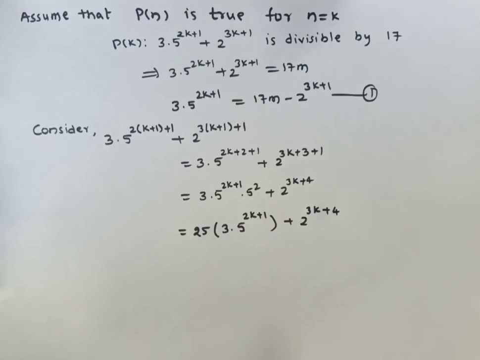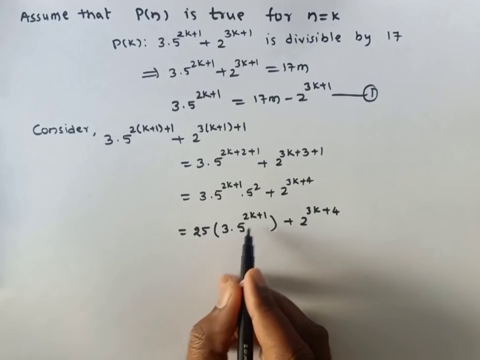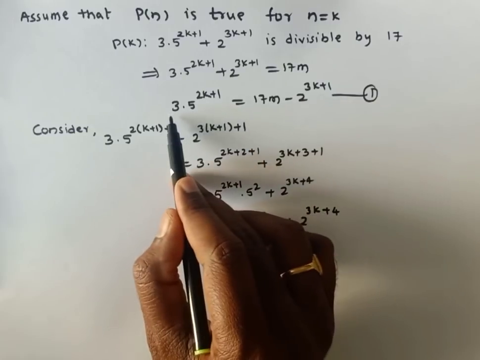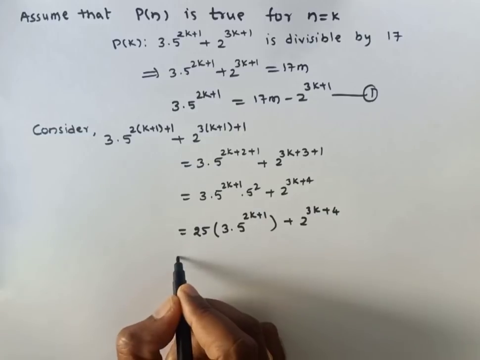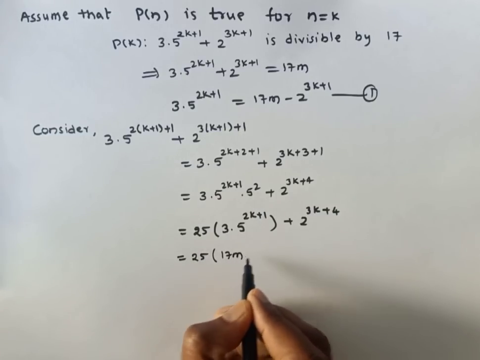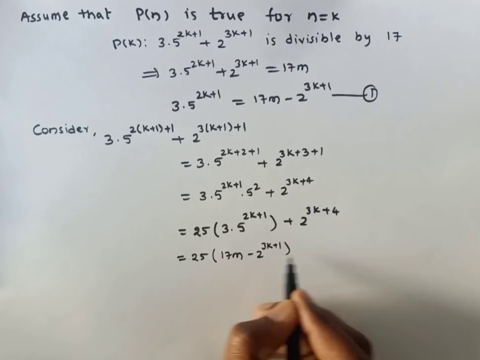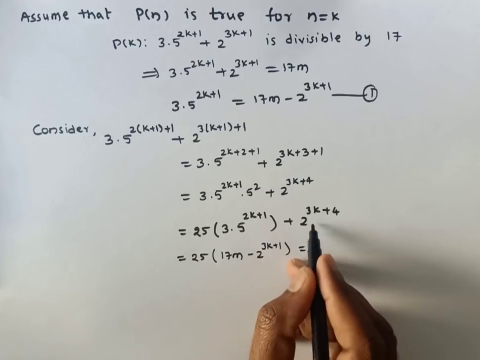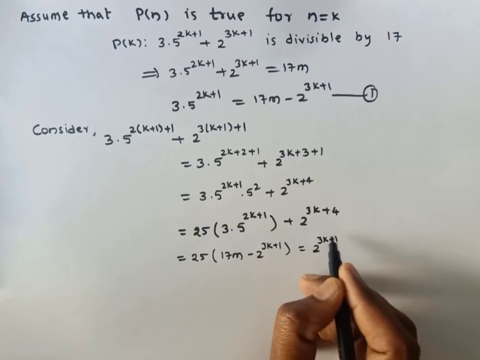Next, you can observe this 3 into 5 to the power of 2k plus 1 from equation 1. From equation 1, we can express this value as 17m minus 2 to the power of 3k plus 1. So this is 25 times (17m minus 2 to the power of 3k plus 1). Here it involves the 2 to the power of 3k plus 1 term, so we express 2 to the power of 3k plus 4 as 2 to the power of 3k plus 1 plus 3.